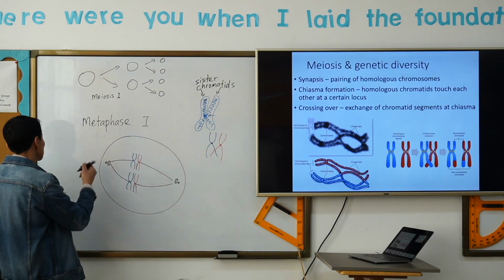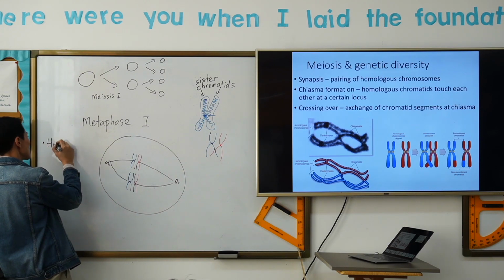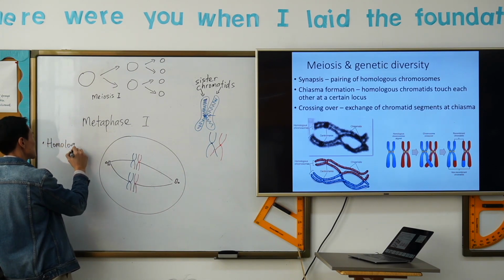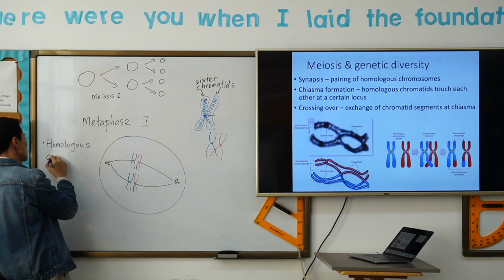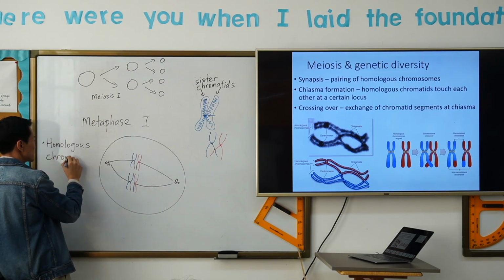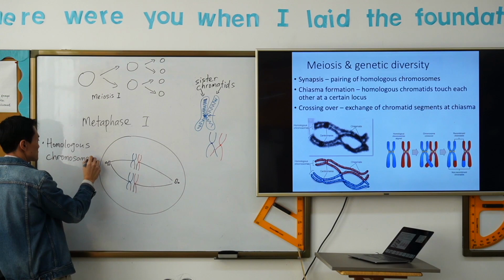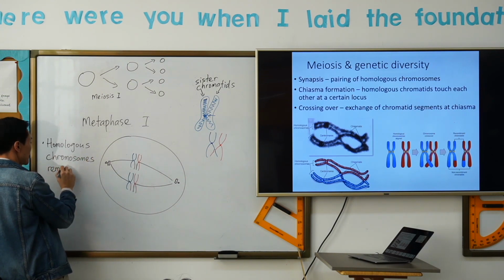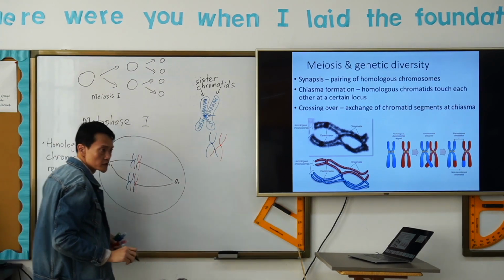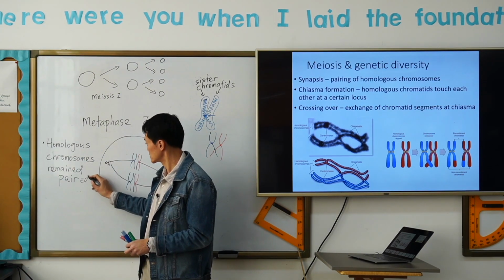So the homologous chromosomes remain paired, right? Whereas you don't see this in mitosis.